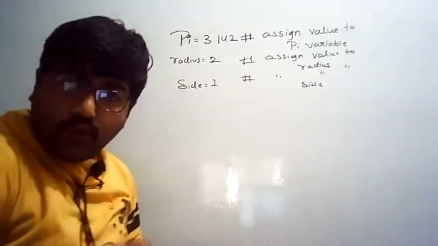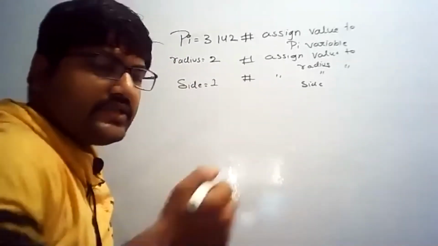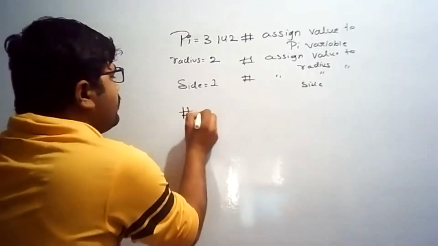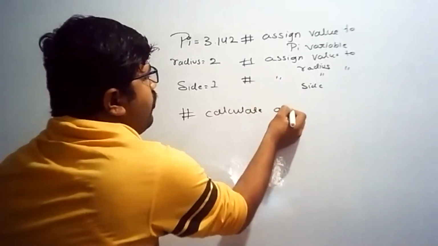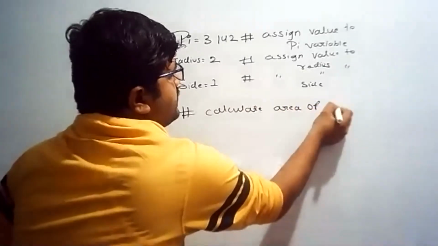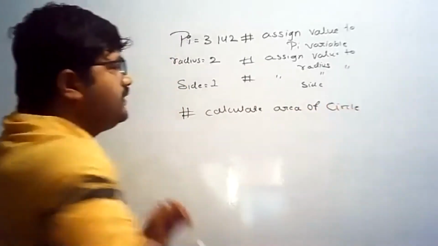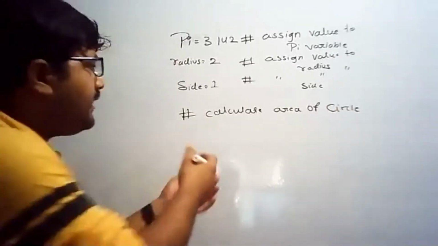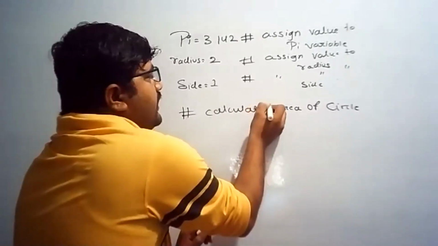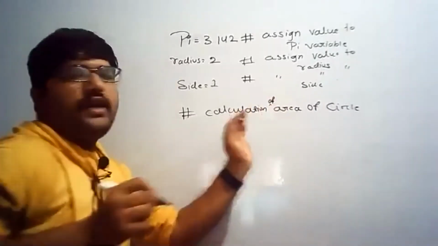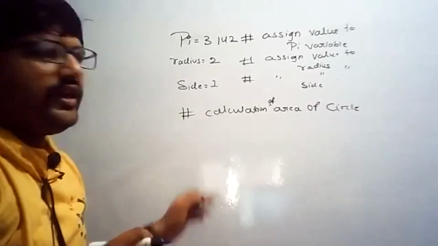Now what I need to do after getting this: hash, calculation of area of circle.